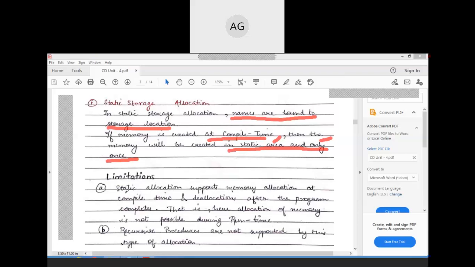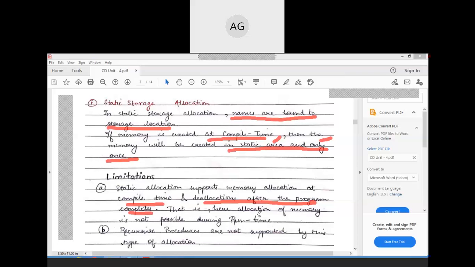The first limitation is that static allocation supports memory allocation at compile time and deallocation after the program completes. So allocation of memory is not possible during runtime because it is static. We need to first declare the memory location before executing the program.